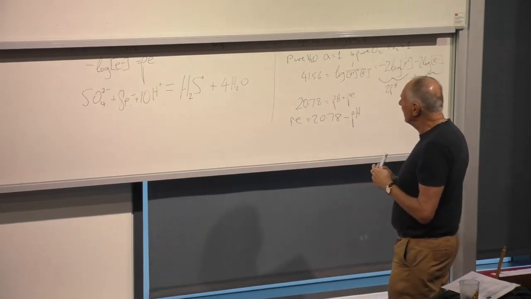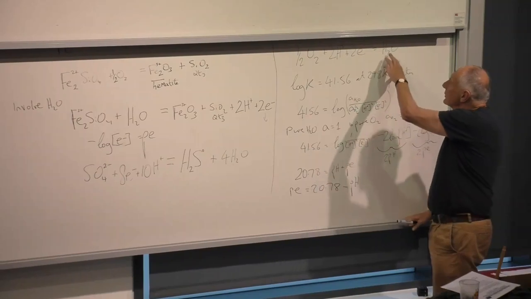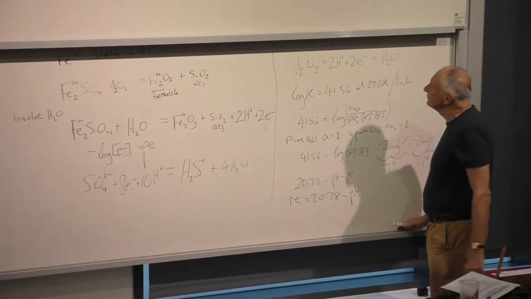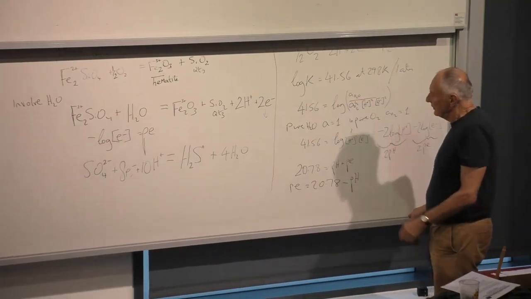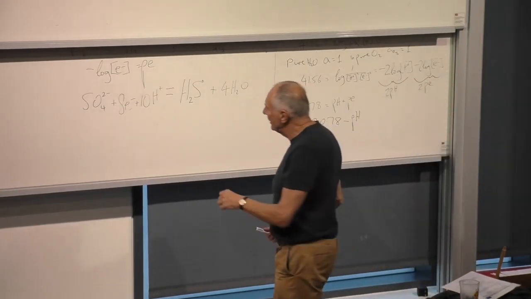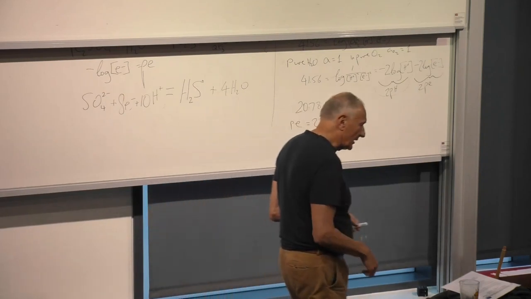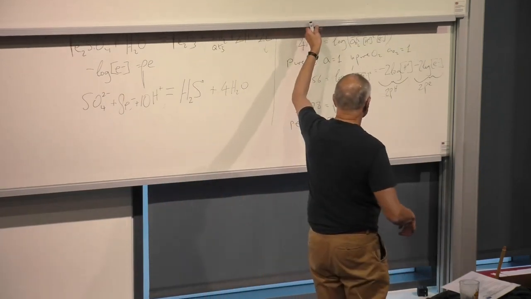Okay, that would be the equilibrium of water with pure oxygen, defined by that line. pe equals 20.78 minus pH. So actually, I'll just put it over here so as you can see it at the same time.